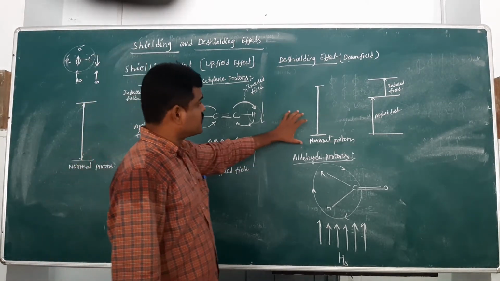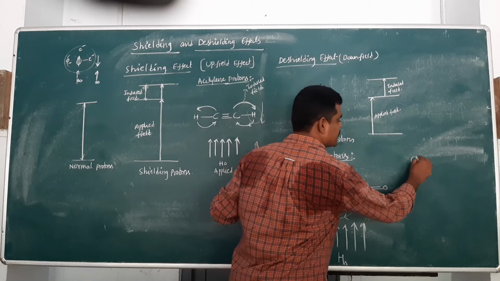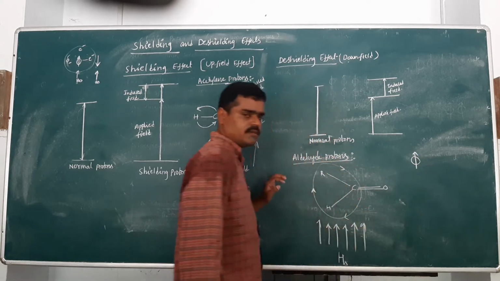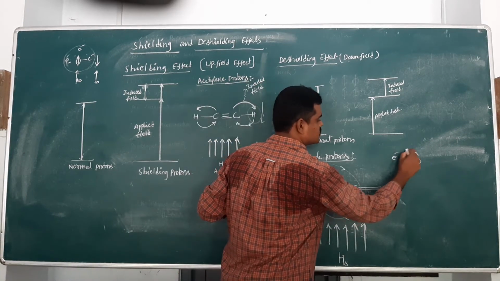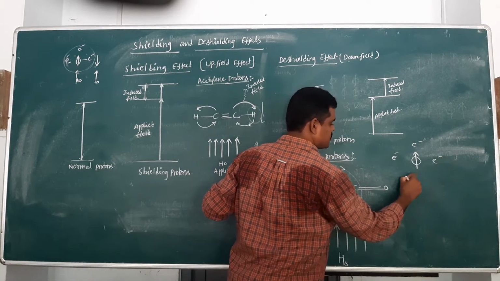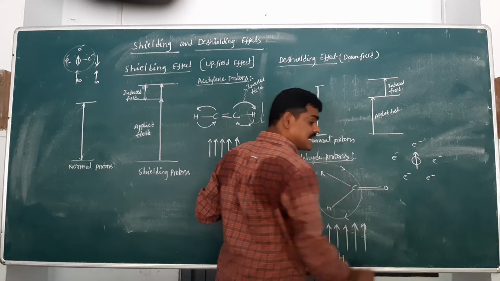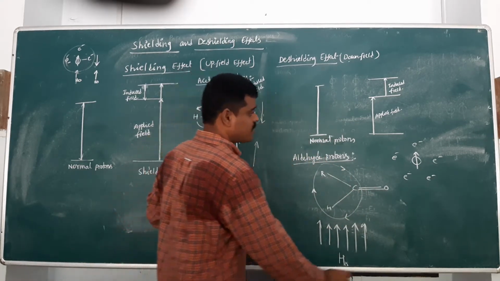Here, for example, a proton has a spin. The proton is surrounded by some electrons, and these electrons create an induced magnetic field.